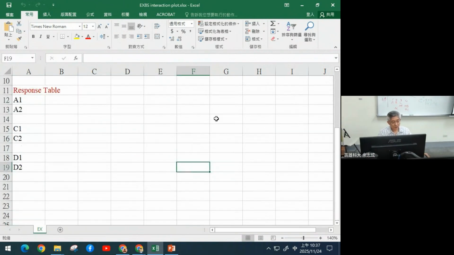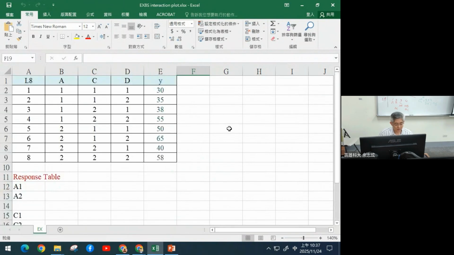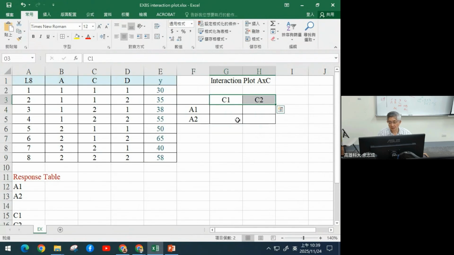All right. We can first come up with the response table. I think it should be very easy. A1, C1. Here, I'm just using average directly. When A is in A1, C is in C1, we can look at the table. There are first two experiments where A is in A1, and C is in C1 as well.